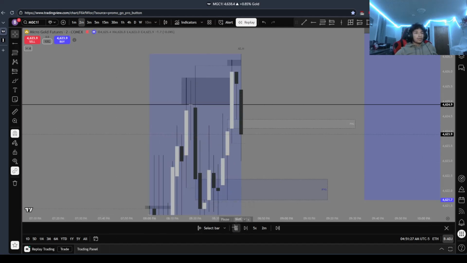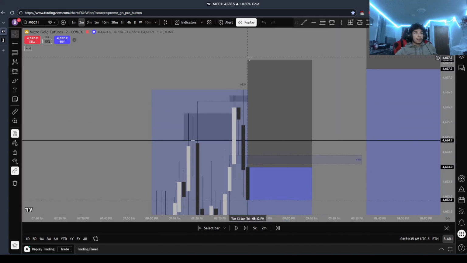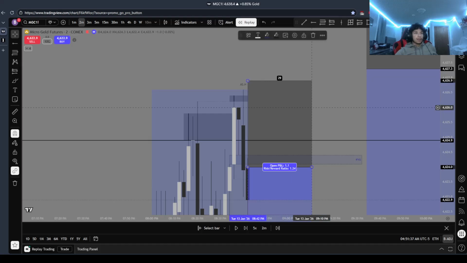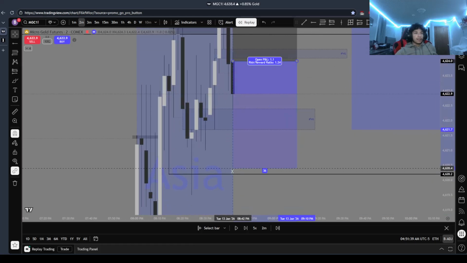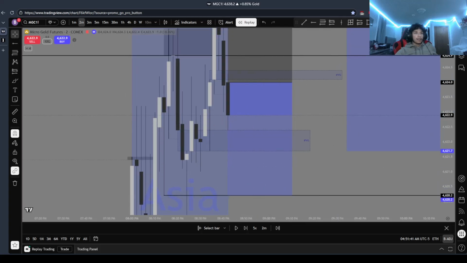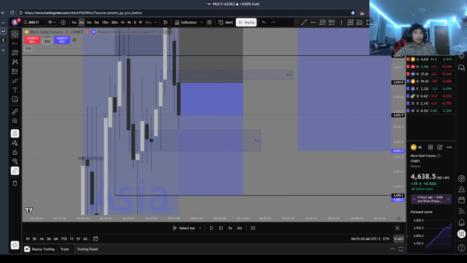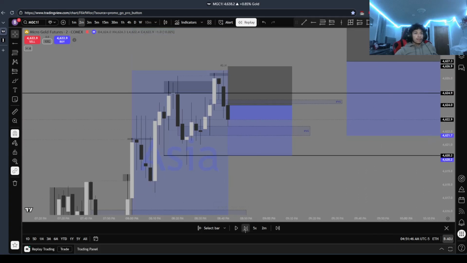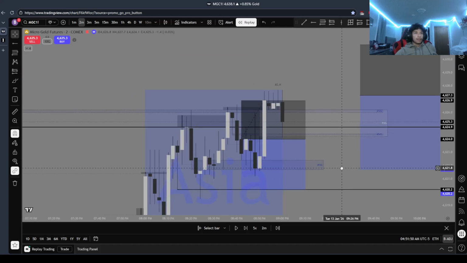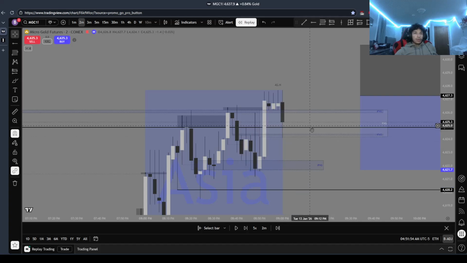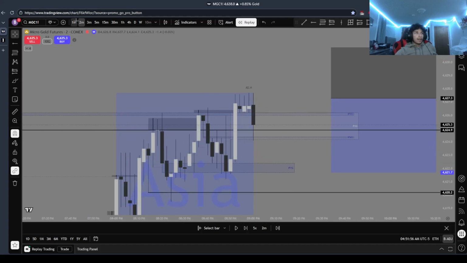And then I think we do get another re-entry right about here, placing these stops right above here, targeting again this low. Which we then get stopped out again. And I think we do re-enter one more time after.